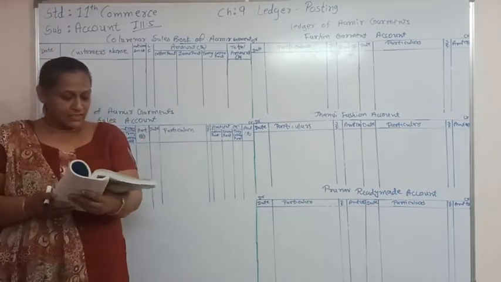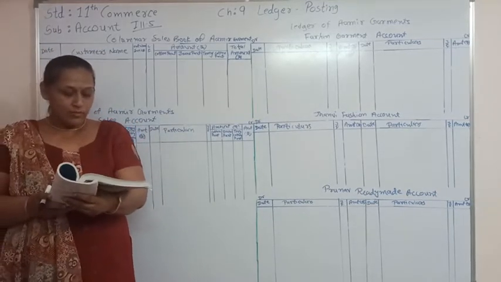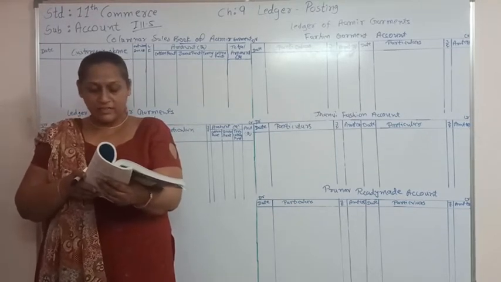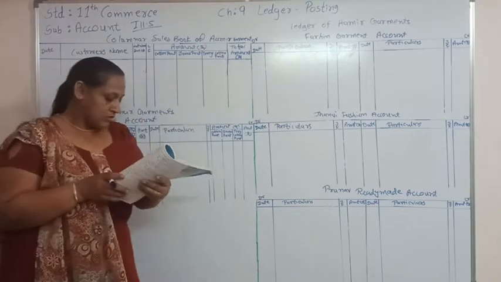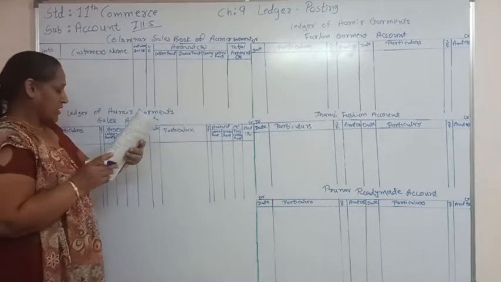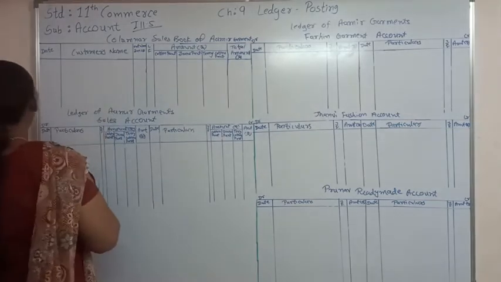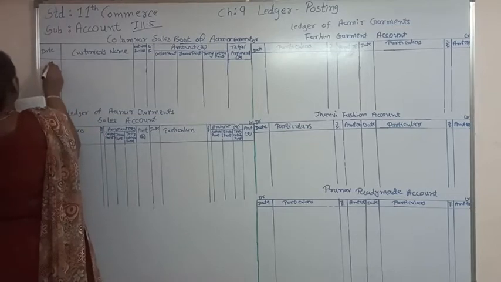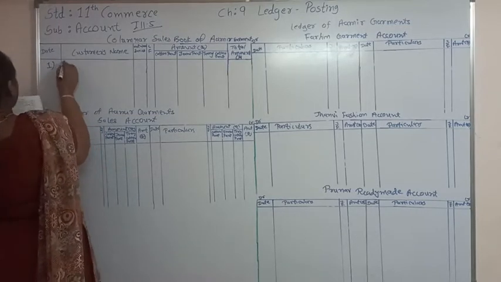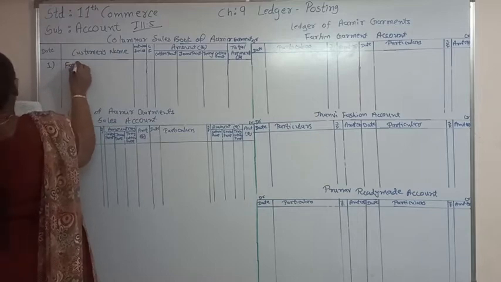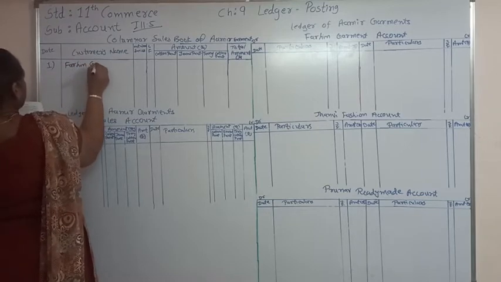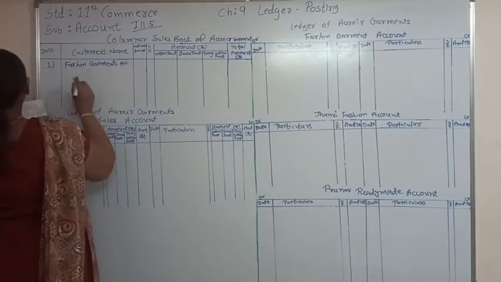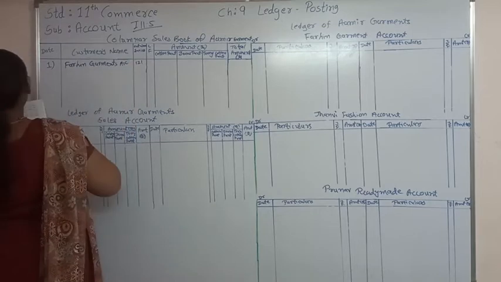The very first transaction is: sold 50 cotton pants at rupees 300 each and 30 jeans pants at 400 each to Farhin Garment. Outward invoice number is 121. So the first transaction we are going to write down in the subsidiary book, for Farhin Garment account, and outward invoice number is 121.